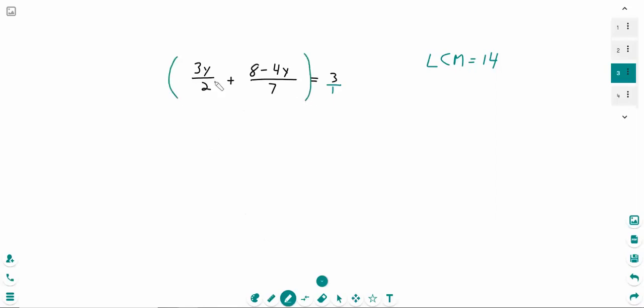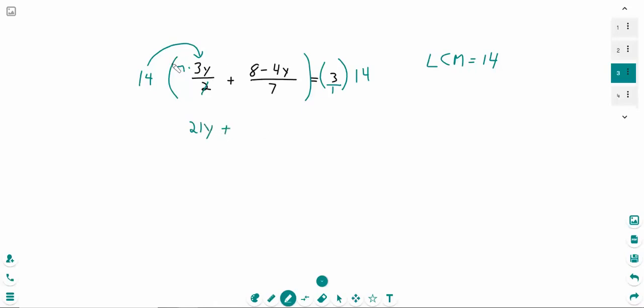Now, there's one little thing here that I want you to observe when we do this. And that is remembering that we're multiplying this 14 by everything. And so this first term is probably going to be pretty straightforward. The 2 is going to cross out. This is going to become a 7. And we're going to have 7 times 3y, which is 21y.